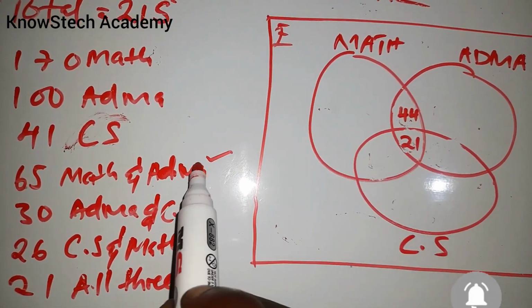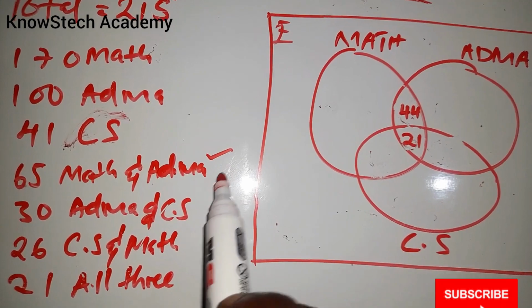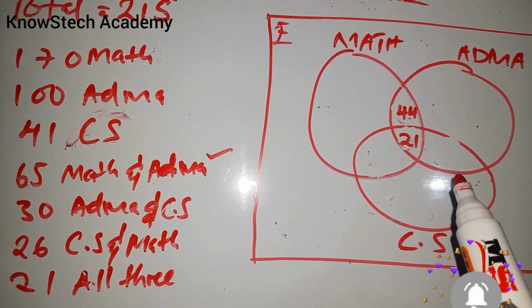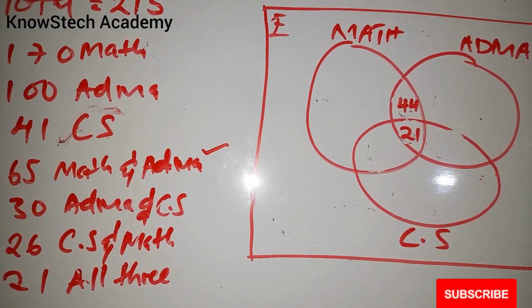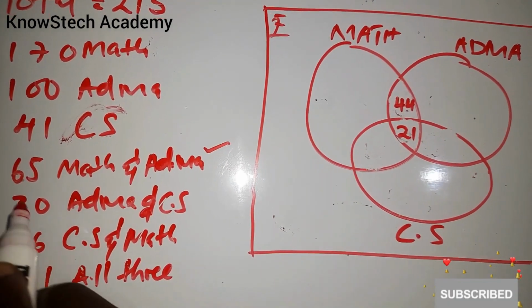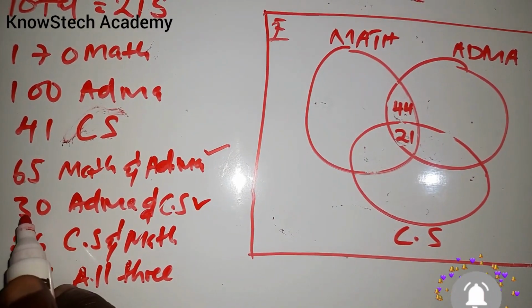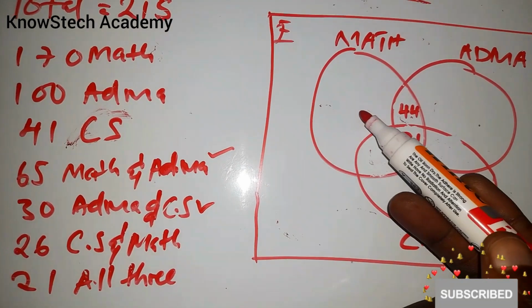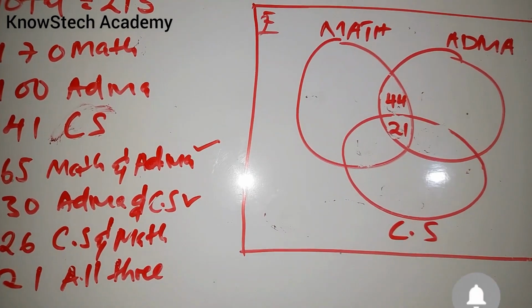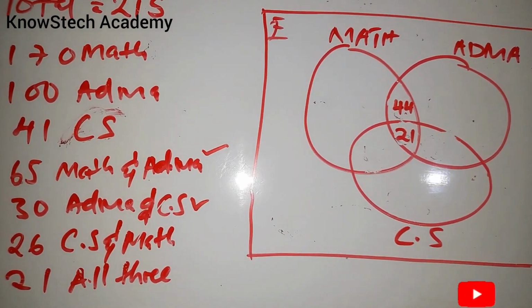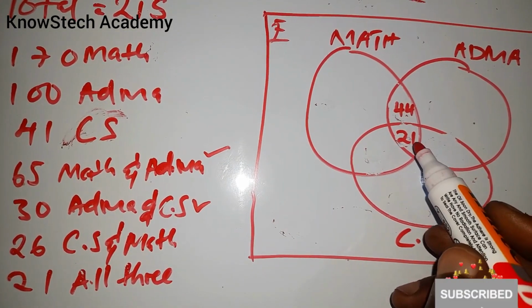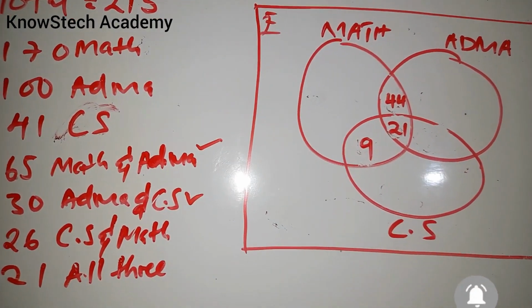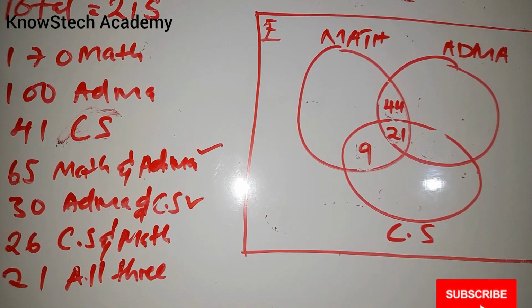But if they have not specified that it's only, they just said mathematics and additional mathematics, you need to subtract, you have no option.